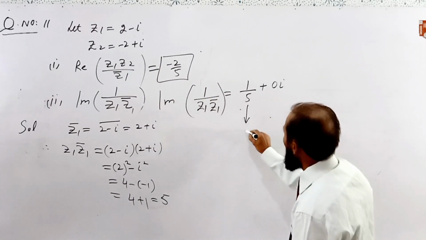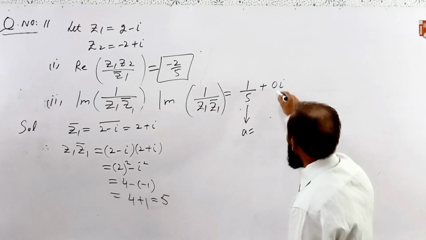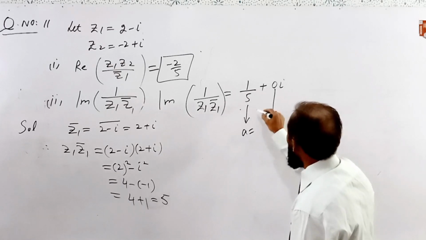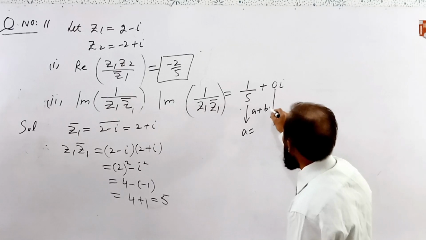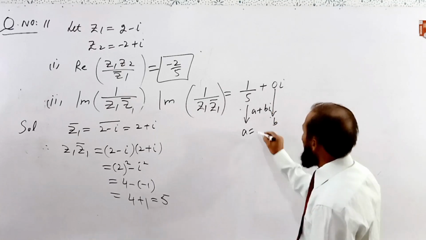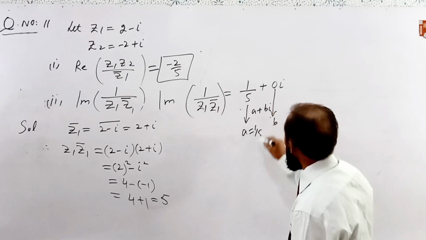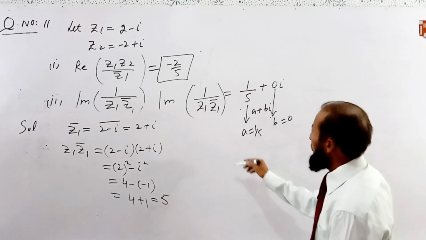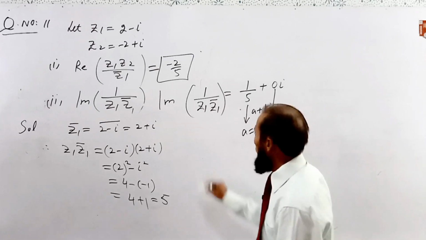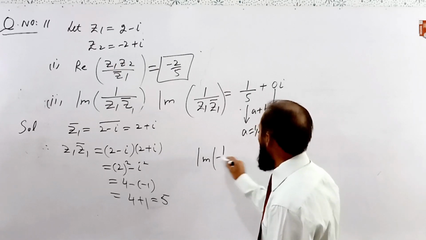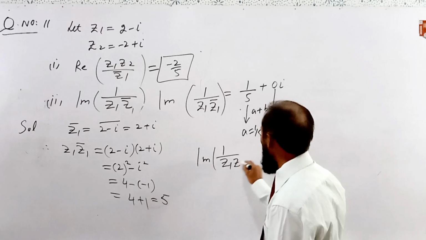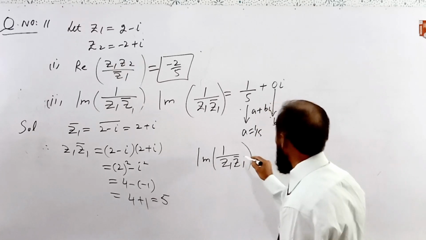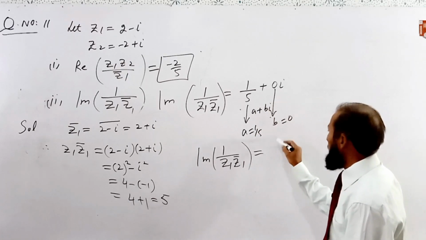This is already the real part a and this is b, so in the form of a plus b iota, it means that here 1 over 5 is the real part and b, the imaginary part, is 0. So the imaginary part of 1 by z1 z1 bar, the conjugate, is 0.